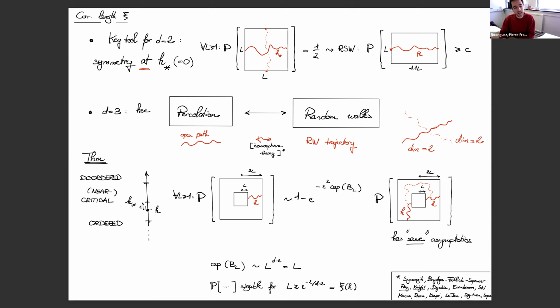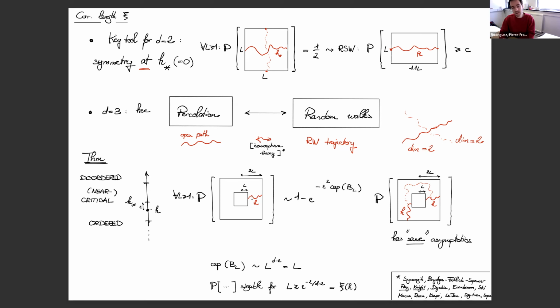If you imagine that you are in the supercritical regime and you're at a distance epsilon from the critical point, then the probability to connect two boxes of commensurate size by an open path behaves like 1 minus e to the minus epsilon squared times the capacity of the box.